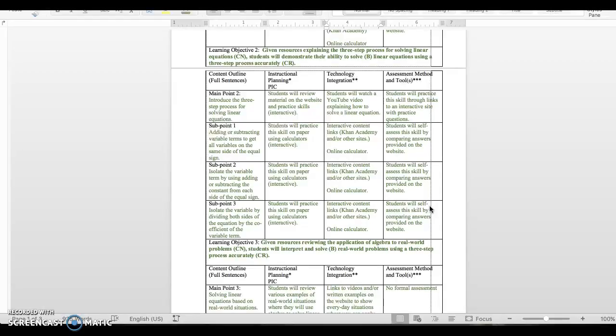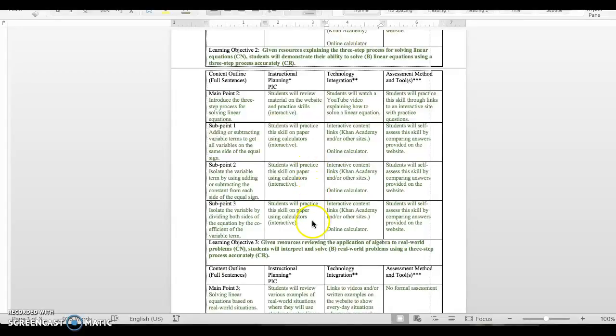We'll introduce the 3-step process, and they will review some material on the website and practice skills. So again, that's interactive. Some videos. So we're not creating a module that students will have to just read. We want to have the interactive components and the different types of learning in terms of watching, hearing, not just reading and being asked to do.